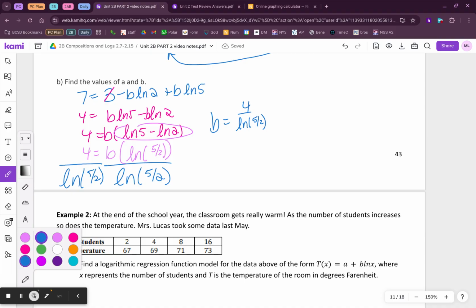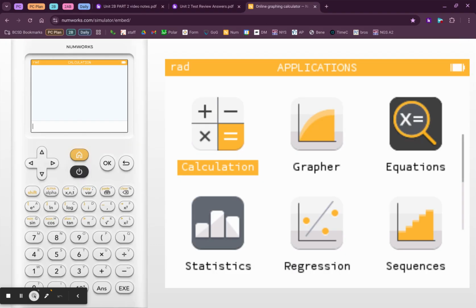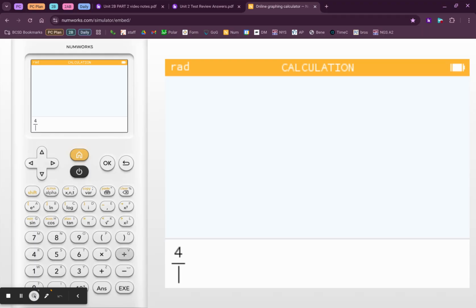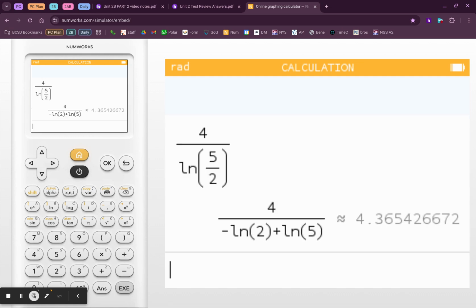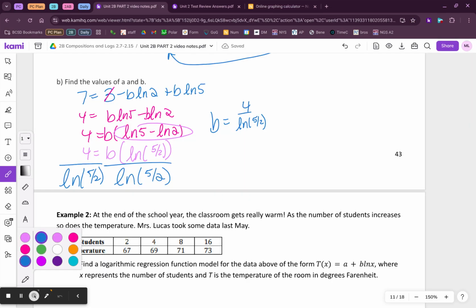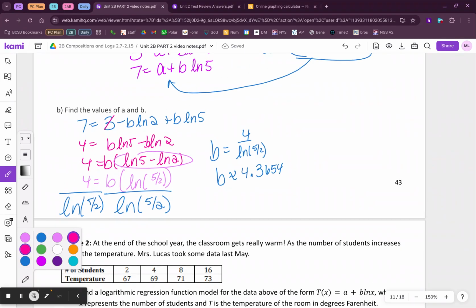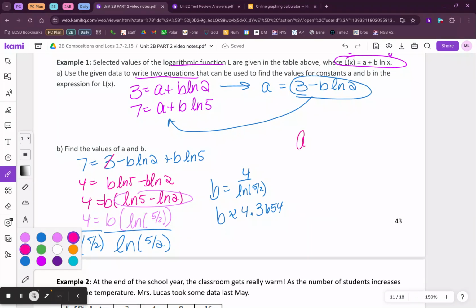We can actually figure out what that value is. And we get approximately 4.3654, always rounding 4 decimal places. Now going back up and finding a, put that value in.